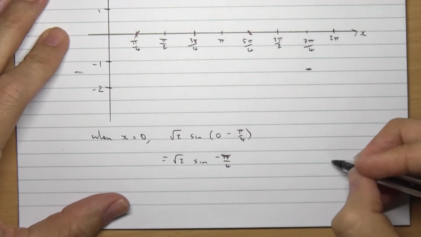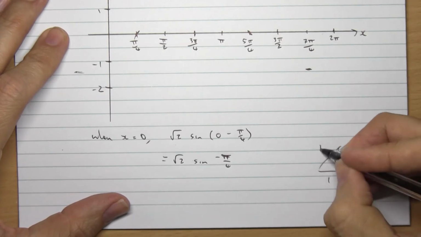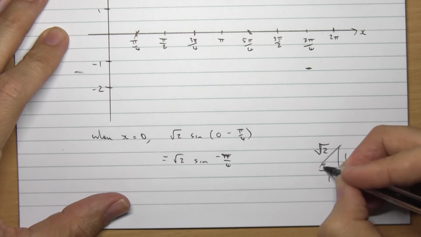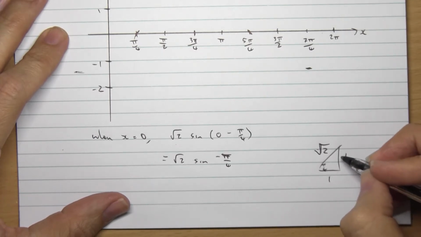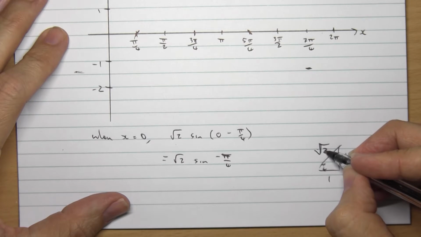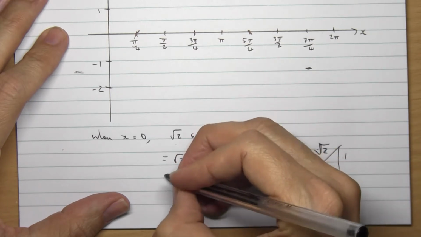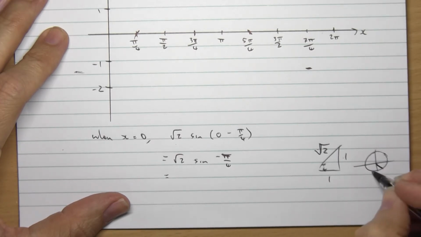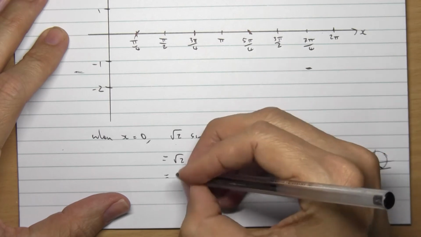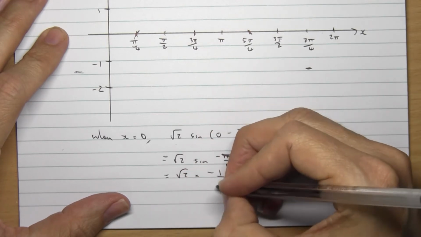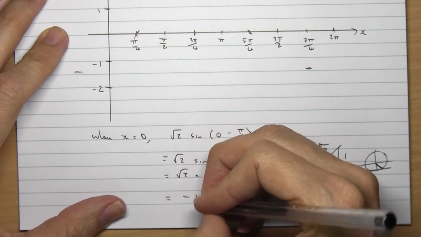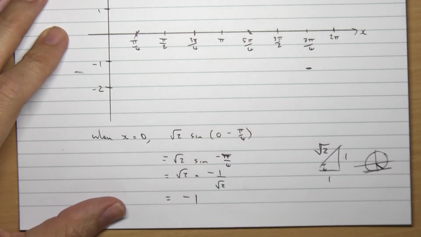Do you remember this? 1, 1, root 2 triangle, pi on 4. So sine is 1 on root 2. What's this negative sign going to do? Negative angles, sine is the y-coordinate, is negative. So it's root 2 times negative 1 on root 2, which means my y-intercept is actually negative 1.